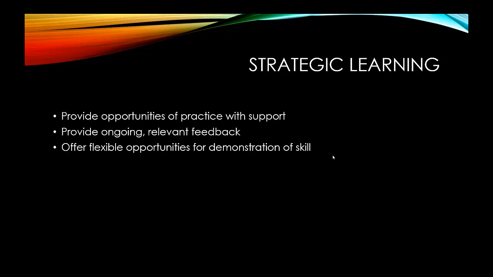And we need to be flexible in the way we allow them to demonstrate skill. Maybe it's writing something out on the chalkboard or on a piece of paper. Maybe it's developing a video to present their ideas. Or maybe it's writing a story or giving a verbal description of how something was done, instead of there being only one way to do this. And provide flexible models of skilled performance.